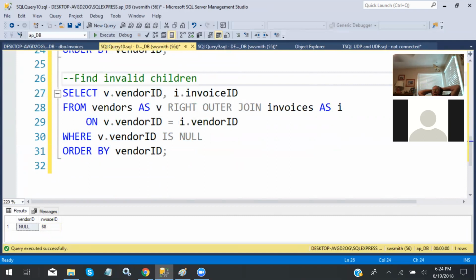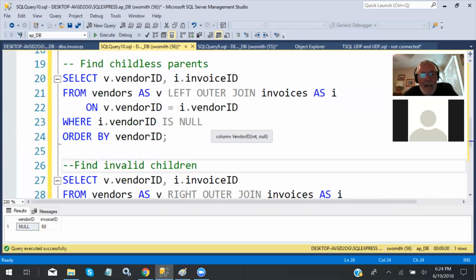In the invoices table, all I would have to do is look at where the vendor ID is null. That would be an orphan. I don't have to do a join to find orphans. But for invalid children, I have to do an outer join. Questions?